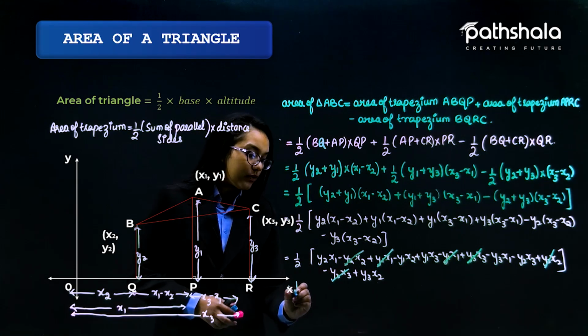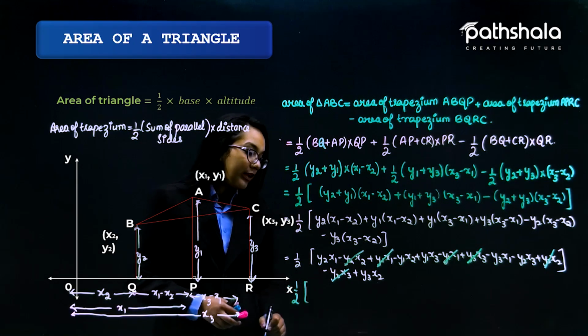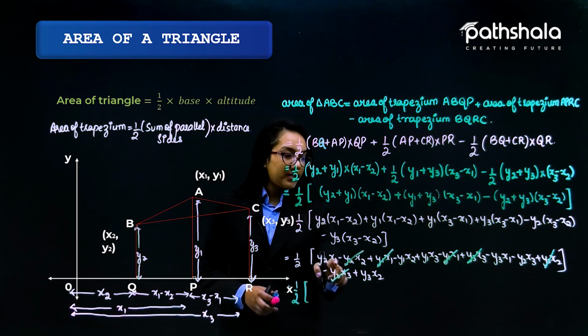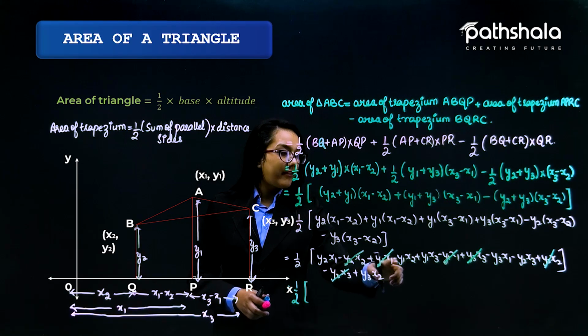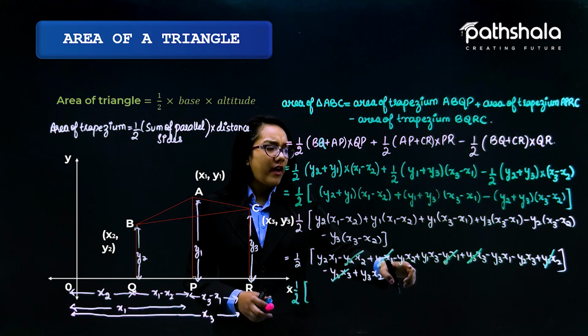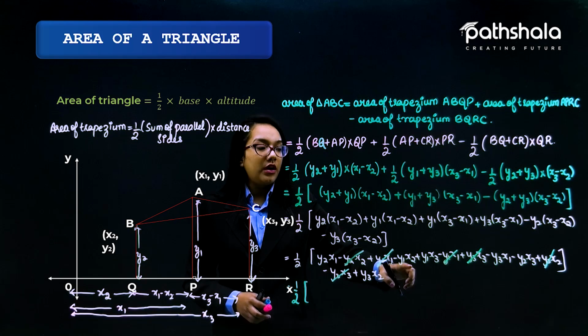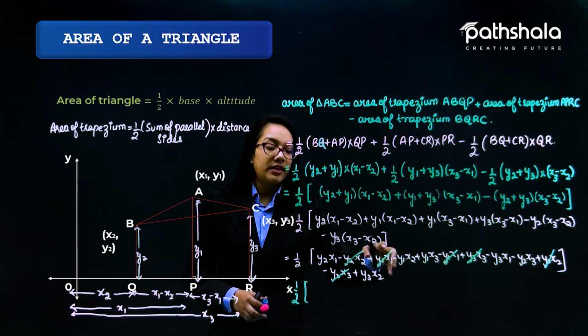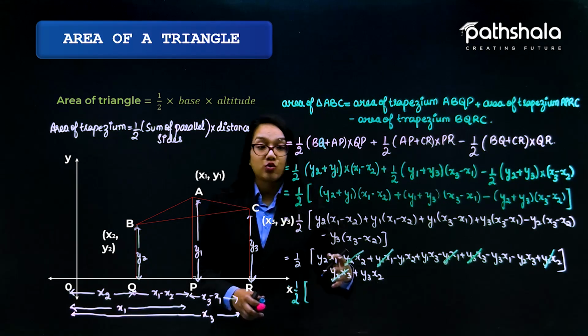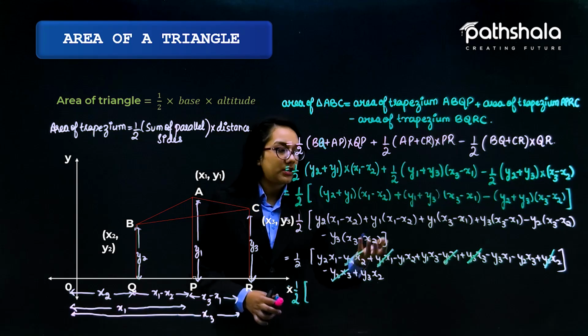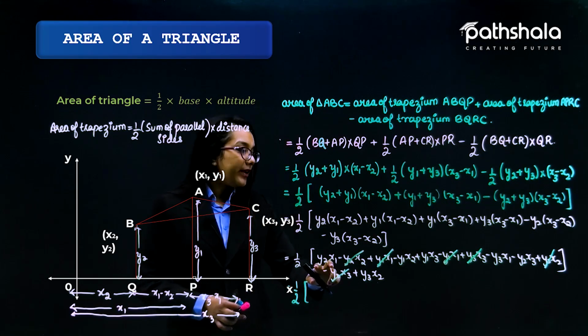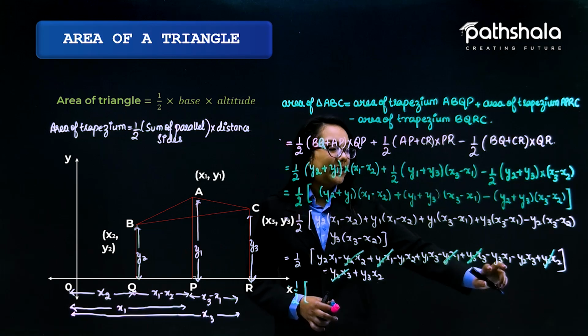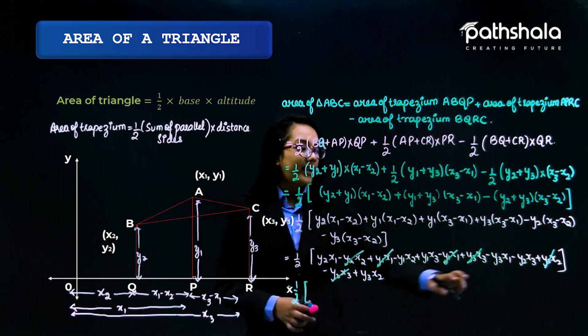The values that are left out are nothing but half of, we have y2x1. Further we have −y1x2. So let us suppose I am rearranging them in such a way that they have x1, x2 or x3 as similar terms. Let us suppose I am taking y2x1 and −y3x1, because both of these have x1 common.